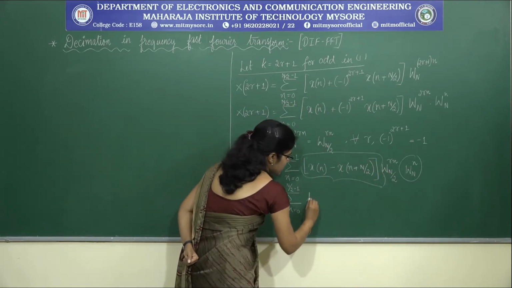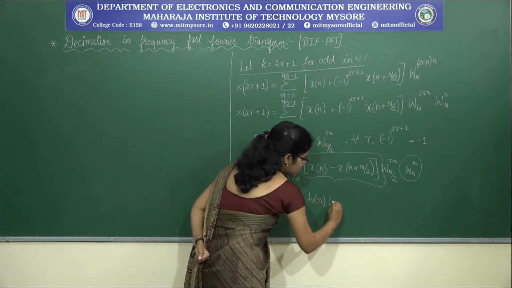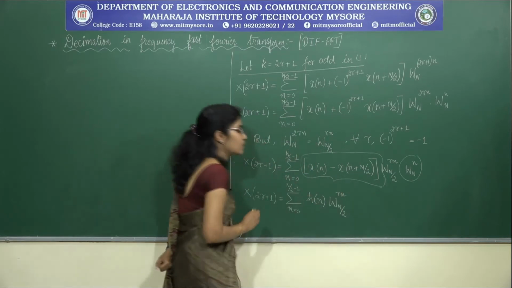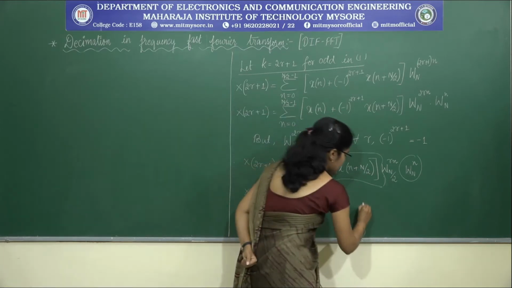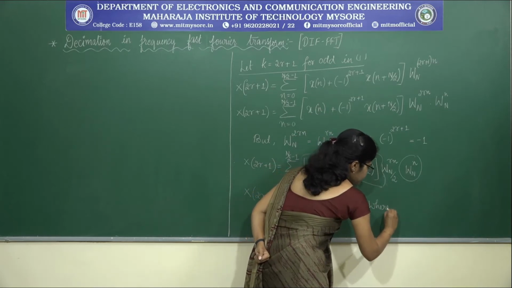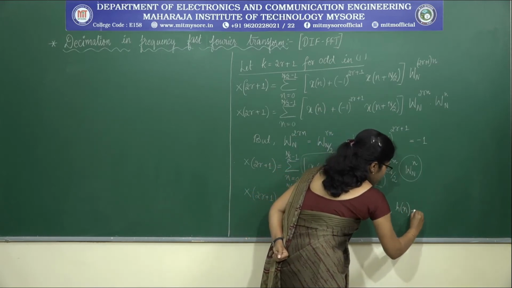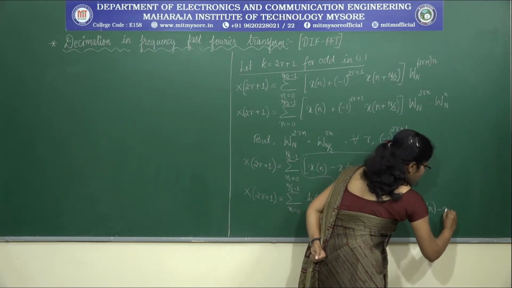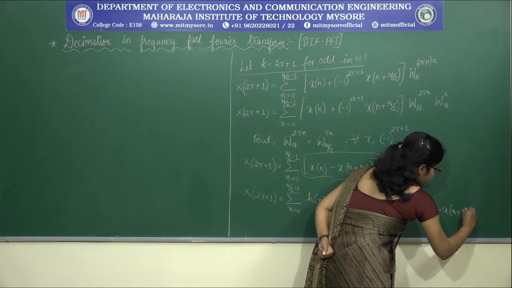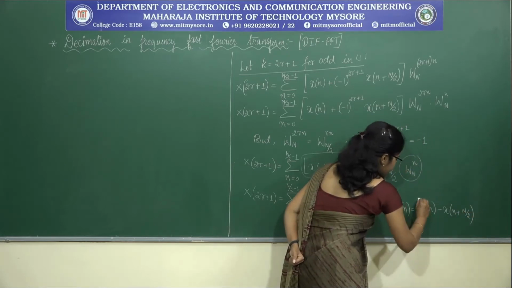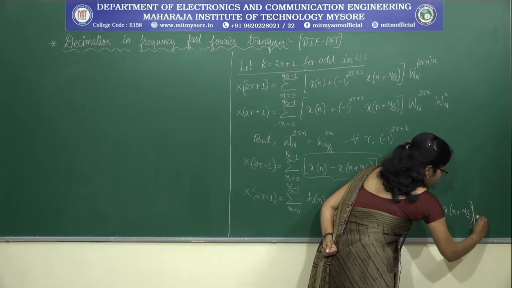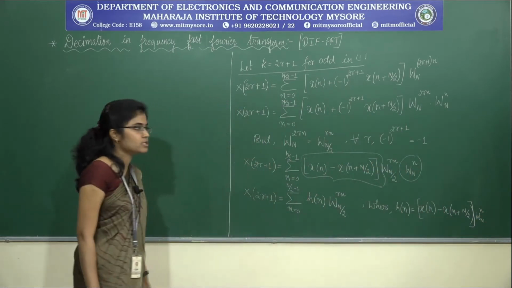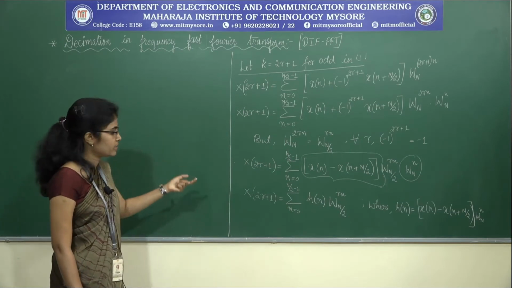Let us take it as h of n, and the remaining omega term is omega n by 2 to the power of rn, where h of n is nothing but equal to x of n minus x of n plus n by 2 into omega n to the power of n. So, this is the first decimation, that is we divided the first thing.